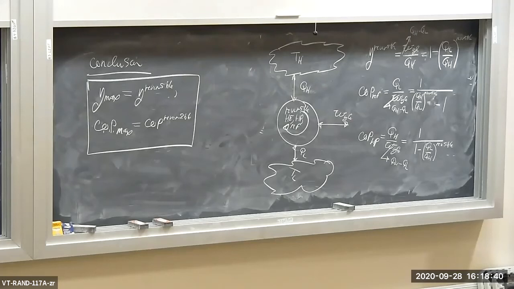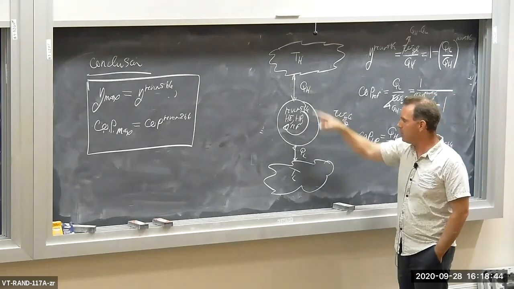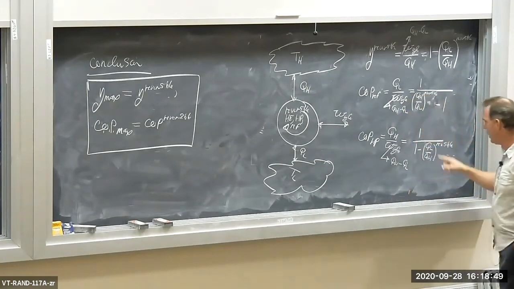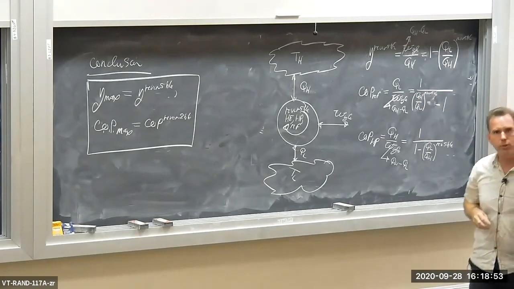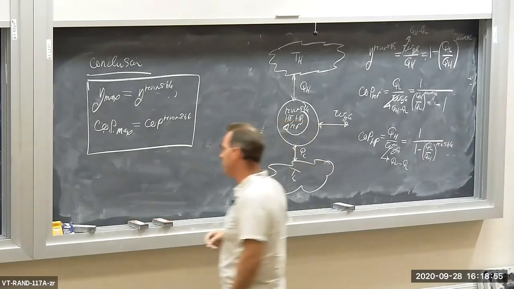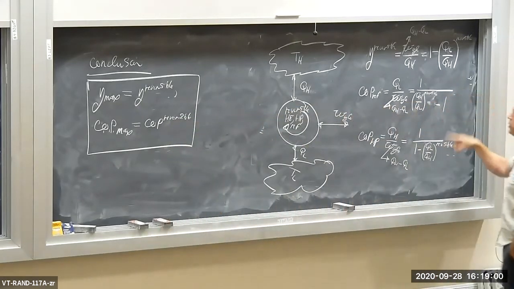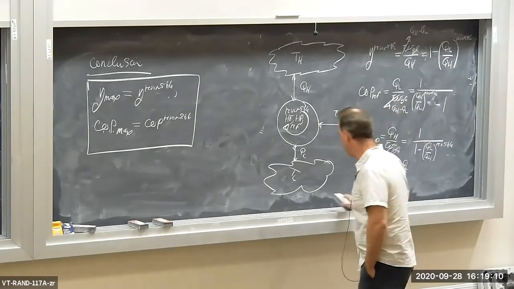If this were a continuously running device, this would be W dot, QH dot, QL dot, and these would all have dots on top of it, okay? But the idea is still the same. The ratio of the heat transfers for a reversible process appears in all the expressions for efficiency and COP for the device, okay? What is the relationship or the ratio of QL over QH for a reversible process?